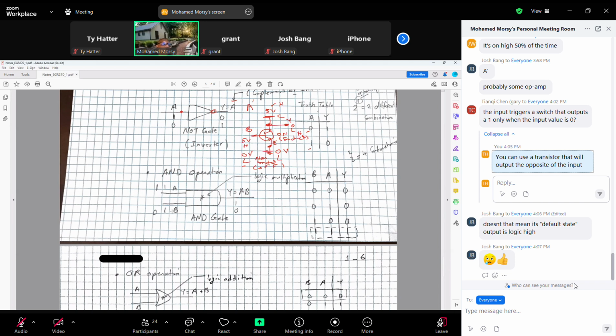How many inputs do we have here? 2, all right? So 2 to the power 2 equals 4, so we have different combinations, different states for the inputs. A and B can be 0 0, or 1 0, or 0 1, or 1 1.